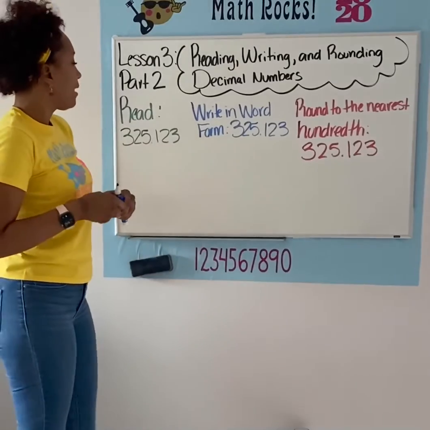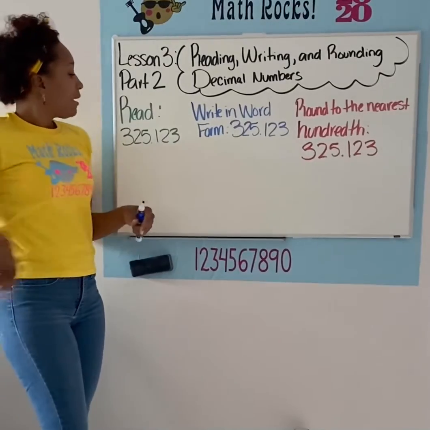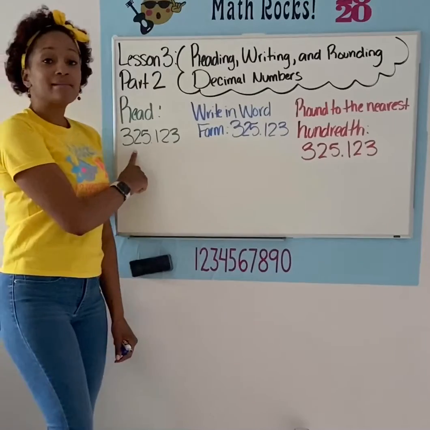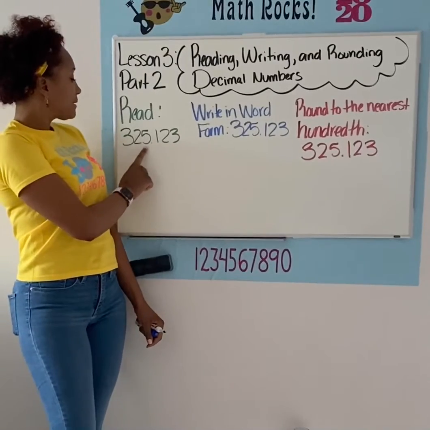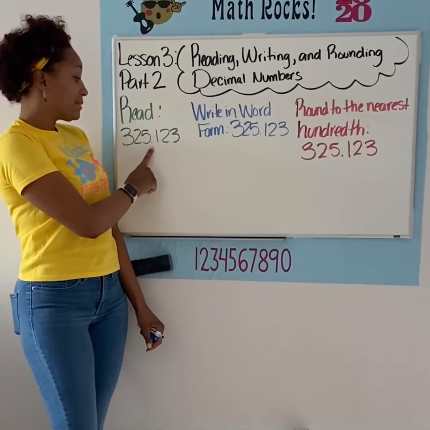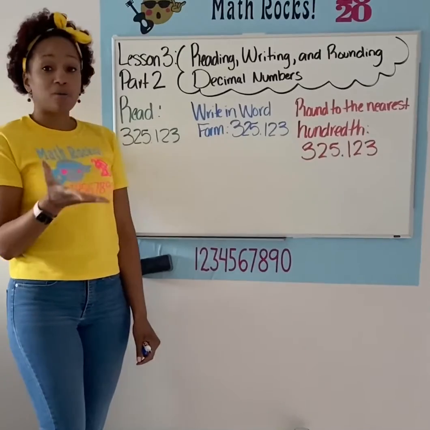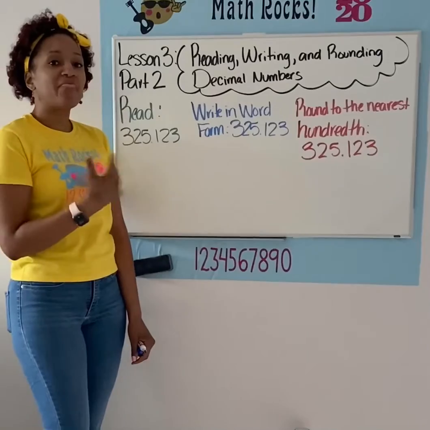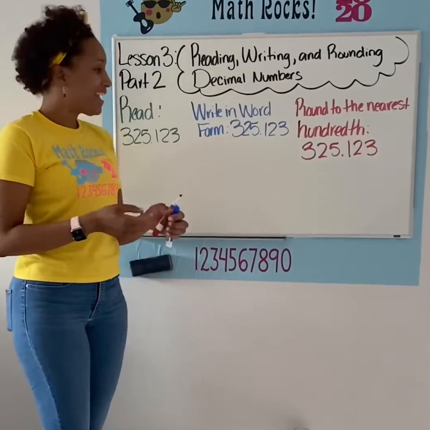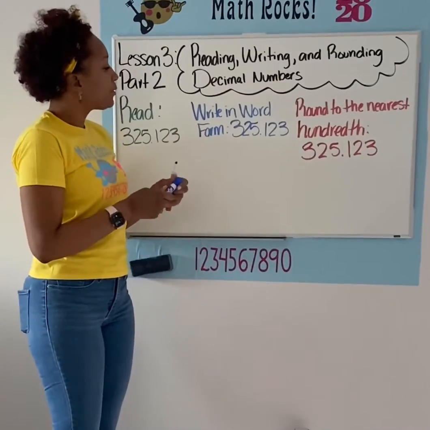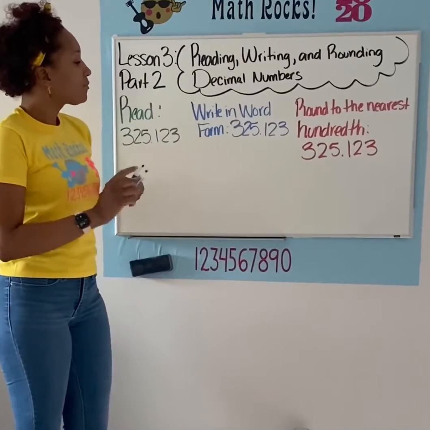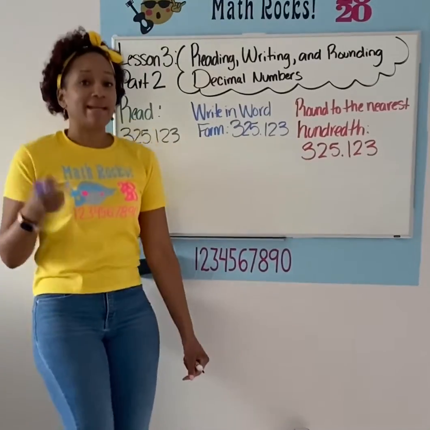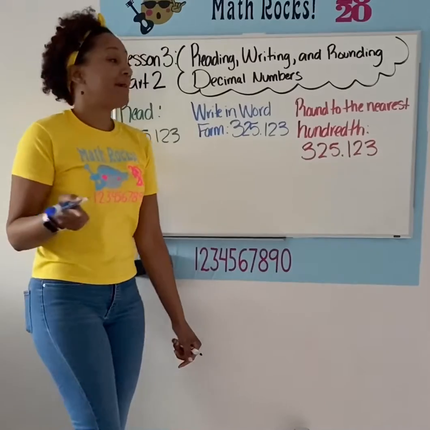Okay? So, again, we read this number as 325 and 123 thousandths. The 3 is in the thousandths place, so we end our reading with thousandths. Okay? We're going to write this in word form. So again, you write it how you read it, okay?